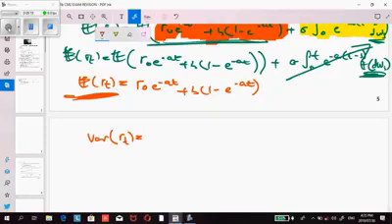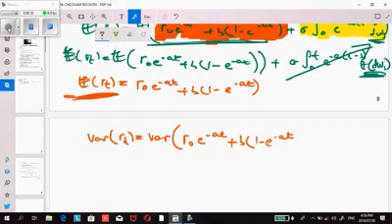The variance of R sub t is just the variance of our solution, so R sub 0 e to the minus at plus b into 1 minus e to the power minus at, plus sigma integral from 0 to t of e to the minus a into t minus s dWs.